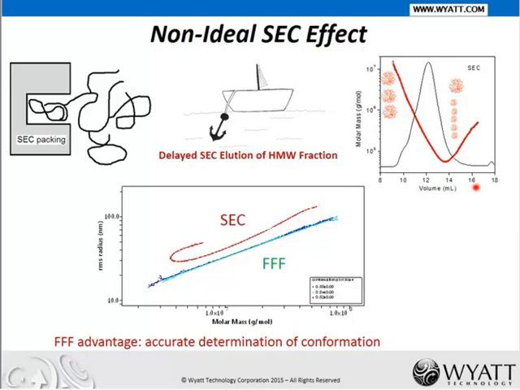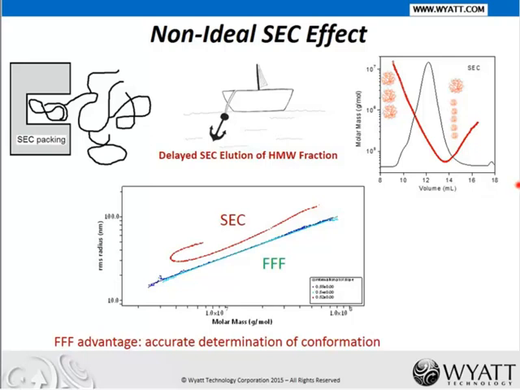So when there's a non-ideal SEC effect in the separation, the weight average molecular weight usually is not affected, but number average molecular weight will be overestimated and polydispersity underestimated. It will also affect the measurement of the conformation.